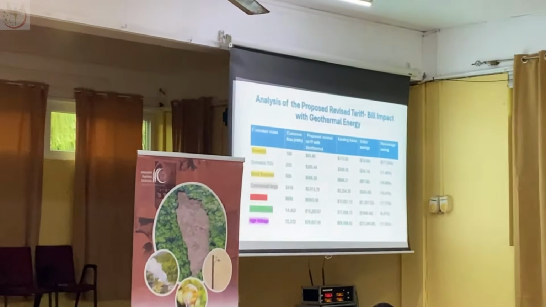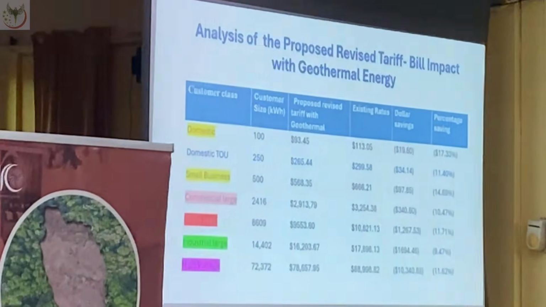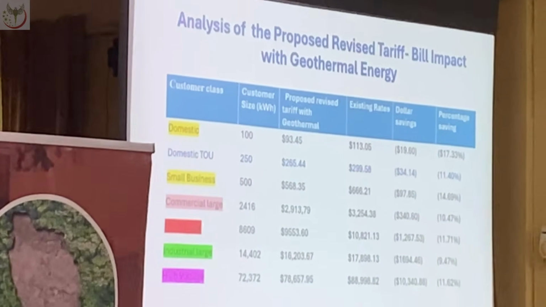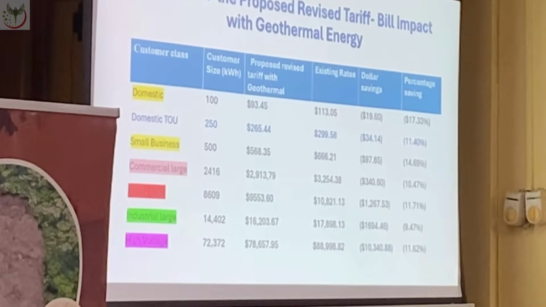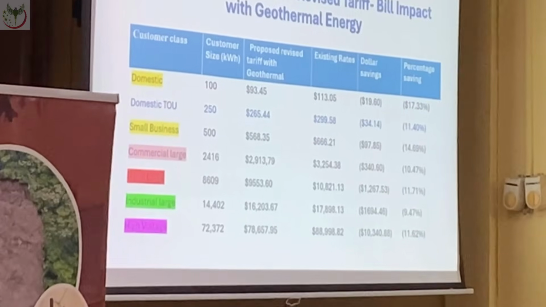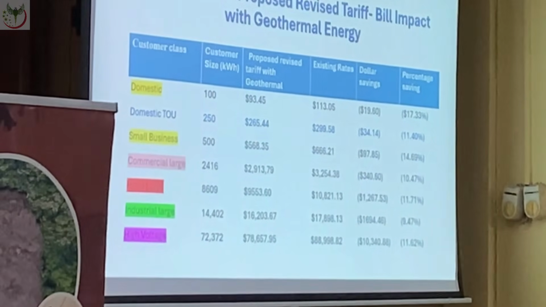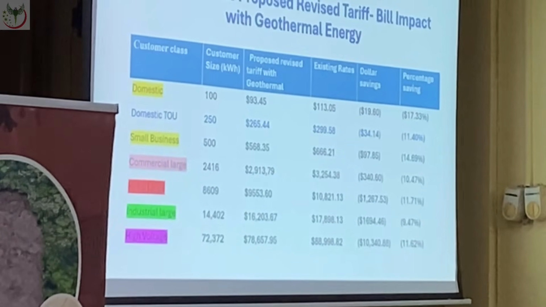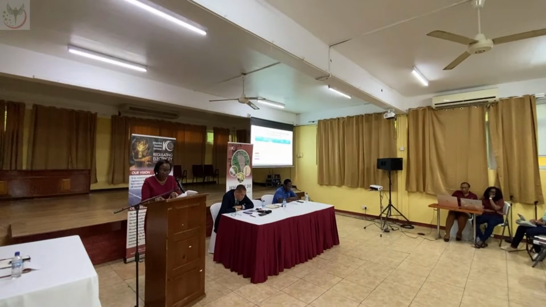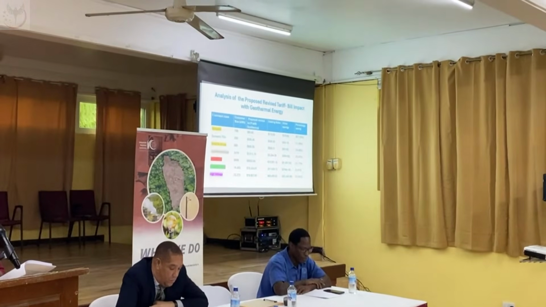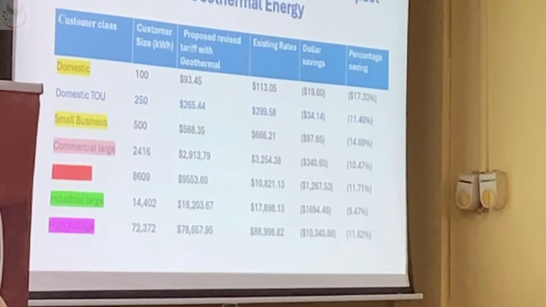If, for example, you have a domestic customer whose average consumption is 100 kilowatt hours per month, under the proposed revised tariff with geothermal, it will be $93.45. If we compare it with the existing rate, we've seen a percentage saving of 17.33%. Domestic time of use customers, if the average consumption is 250, can realize a cost savings of 11.4% reduction in the bill.